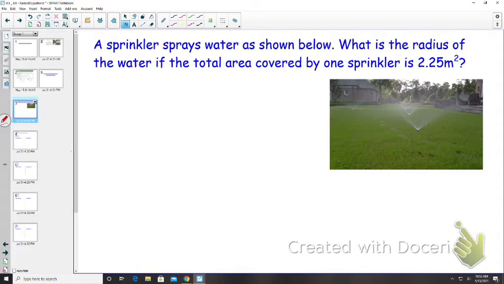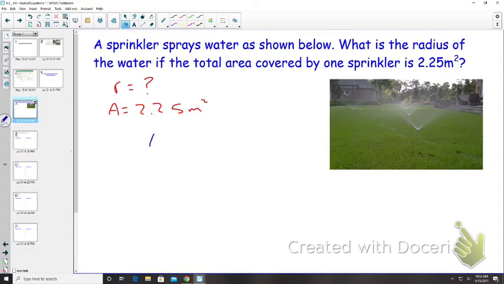Okay, so let's get into a problem here. A sprinkler sprays water as shown below. What is the radius of the water? We're asked to find the radius if the total area covered is 2.25 square meters. Go back to our grade 7 math.